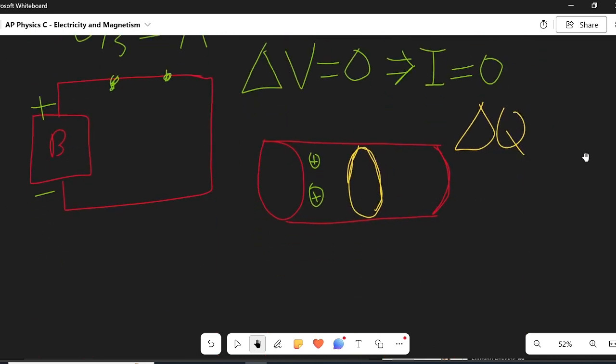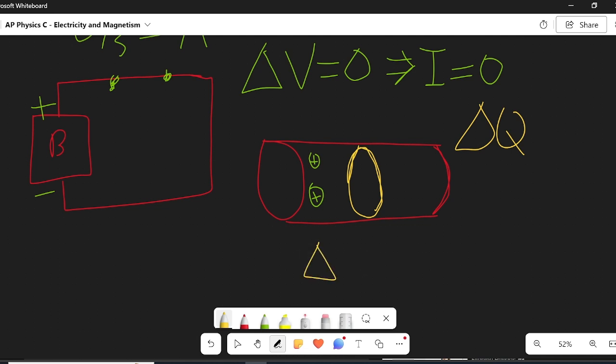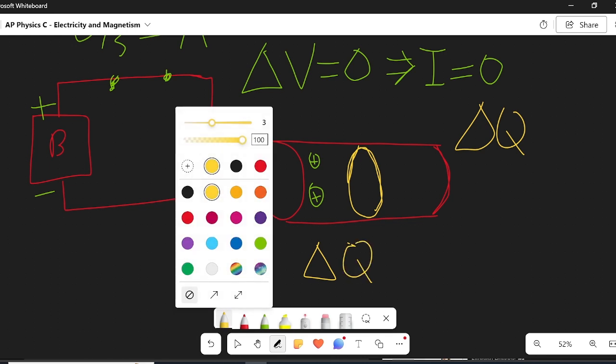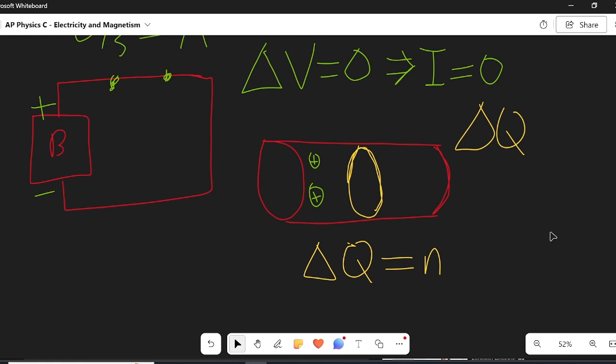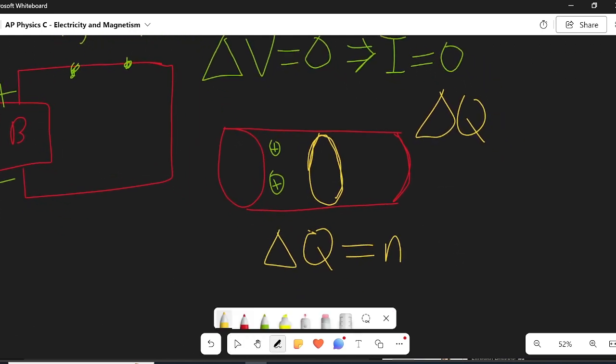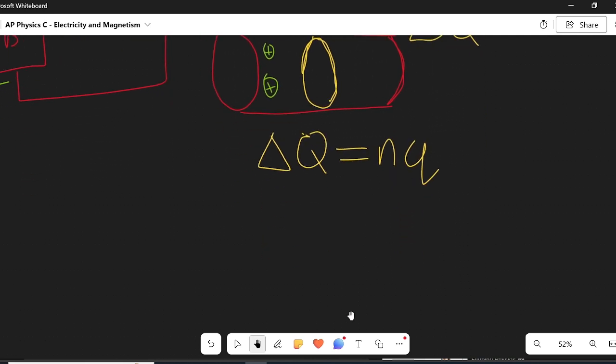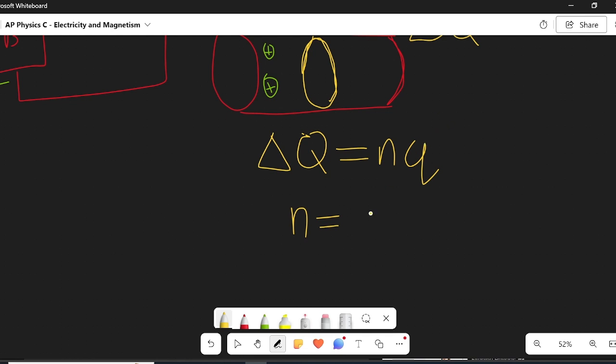Delta Q can also be written as equal to the number of charges, in this case let's draw it as N, multiplied by the charge per carrier, which will just be Q. Then, if we want to break down what this N would be, the number of charges, N is equal to the number of charges per volume, multiplied by the volume of the wire.